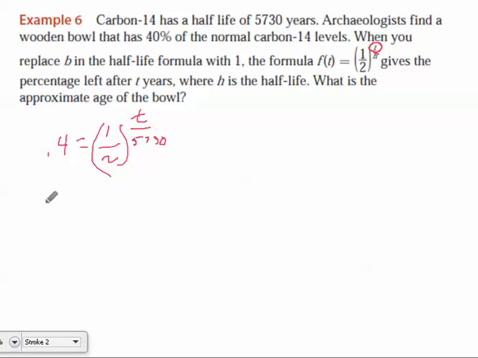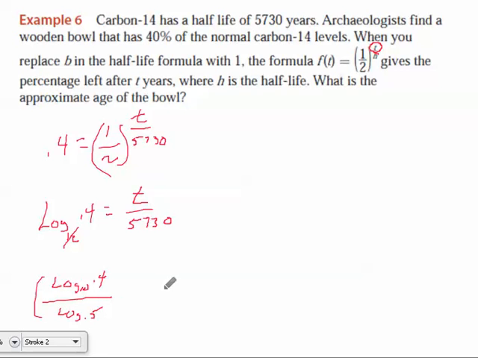So I've got log base 1/2 of 0.4 is equal to t divided by 5,730. That's easy enough to do. I can do log 0.4 divided by log 0.5, and then multiply this whole thing by 5,730, and that will tell me what t is.